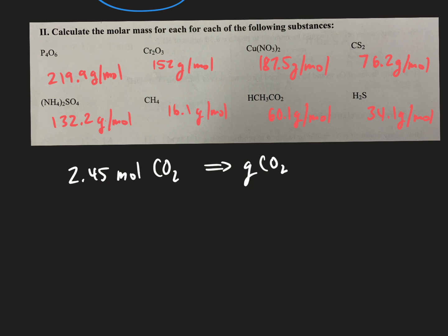Okay? So before we can do anything, we got to what? Find the molar mass, right? So carbon has a molar mass or atomic mass of 12 plus 16 multiplied by 2, that's 44. Good?